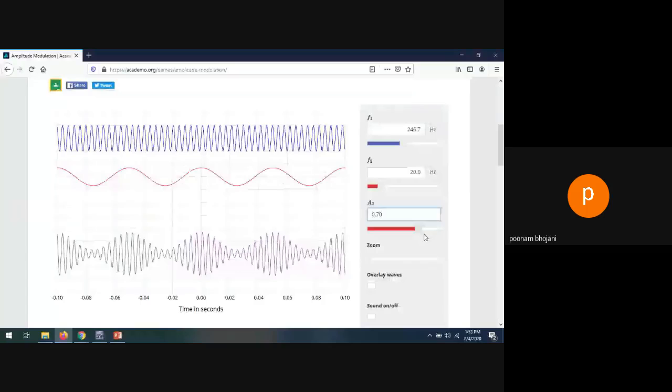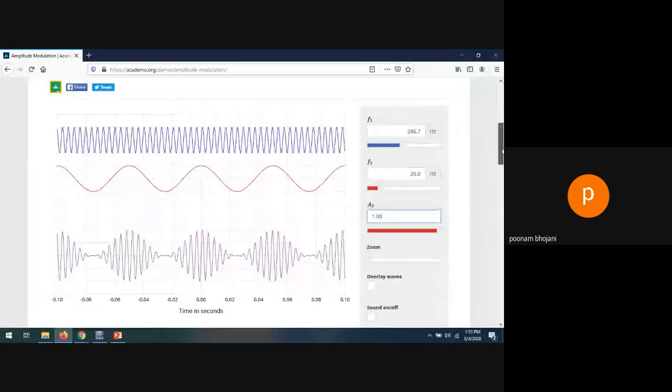You can choose from here. What amplitude do you want to keep? For that, you can choose. Let's say I'm keeping the maximum amplitude. So this will be your amplitude modulated signal.